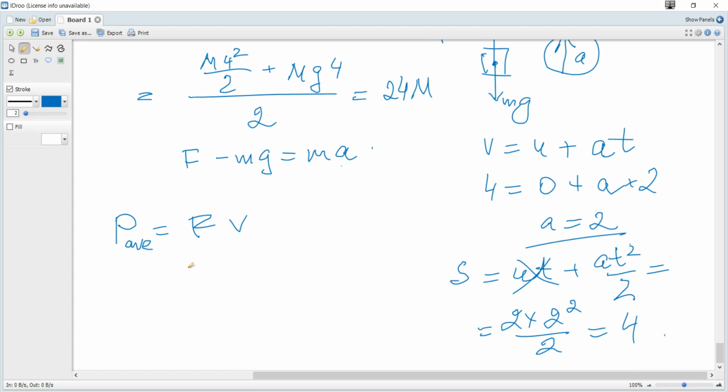So it's ma, where a is 2, so it's 2m, plus mg, which is 10m, so it's 12m. And v changes uniformly, constant acceleration. So for average, v changes from 0 to 4, so we just divide by 2, so 4 over 2, and you can see it's 24 m.